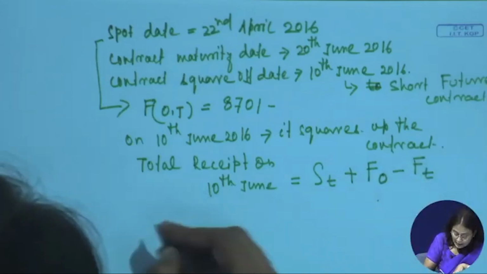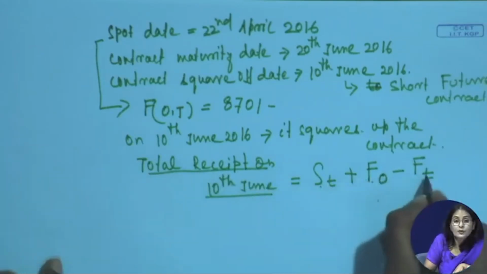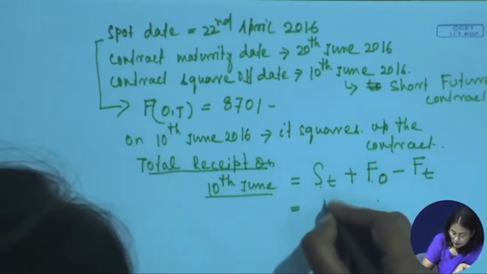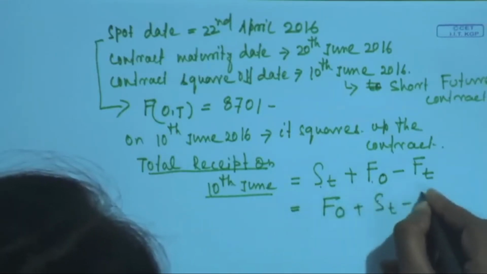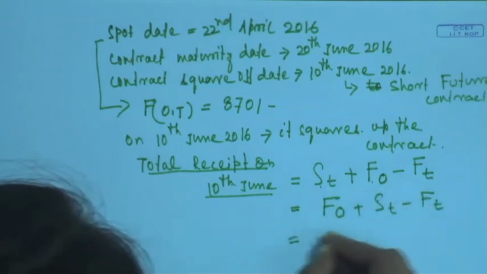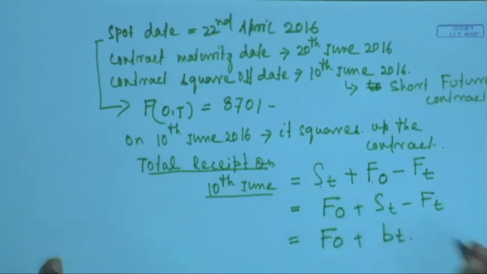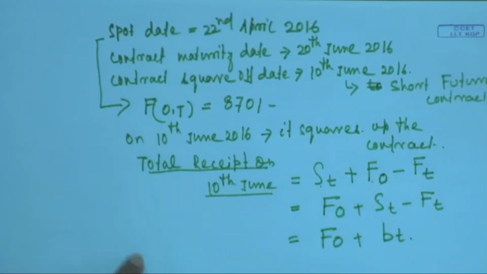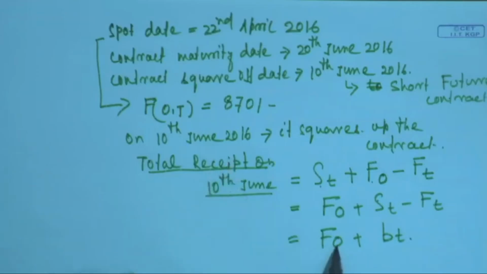So the total receipt is going to be ST plus F0 minus FT. We can write it as F0 plus ST minus FT, which is F0 plus BT. So the total receipt for a short hedger is going to be F0 plus BT.